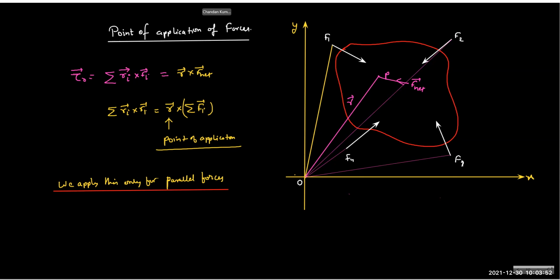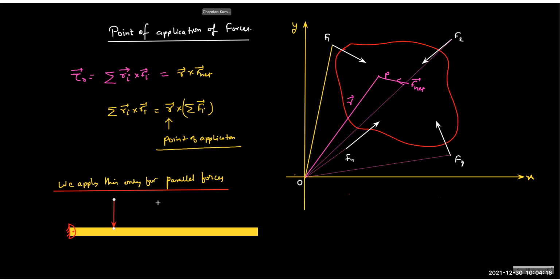So in your case, the question will be like this. Let's say we have a rod which is hinged at one end, and there are many forces acting at different distances.